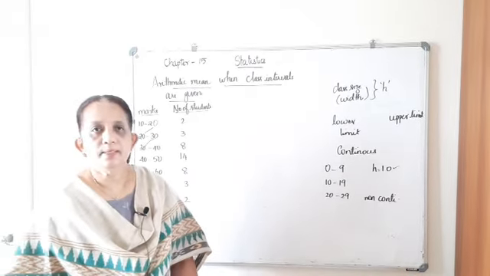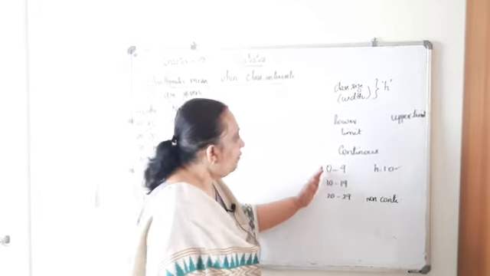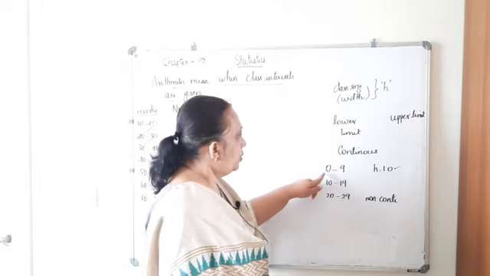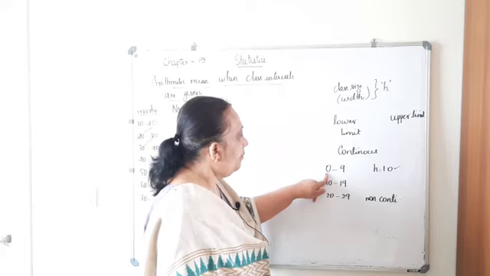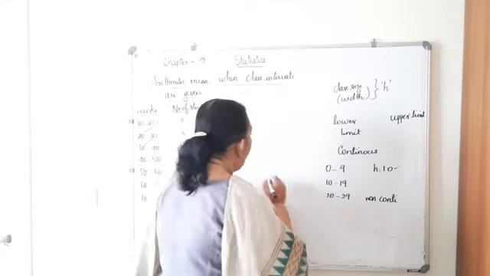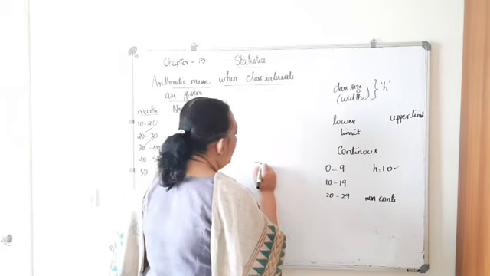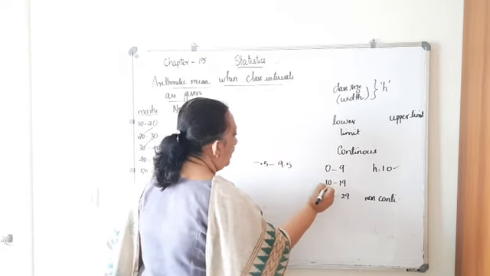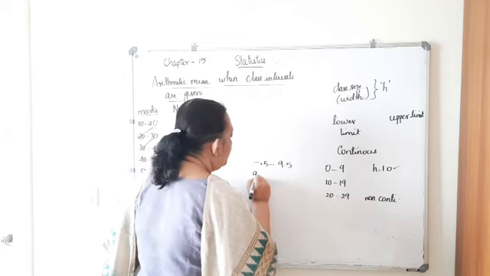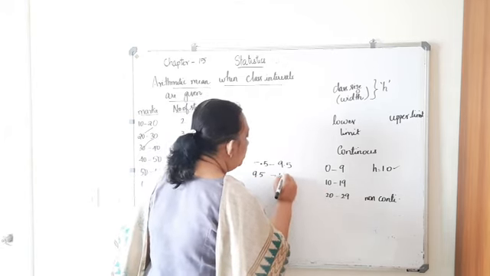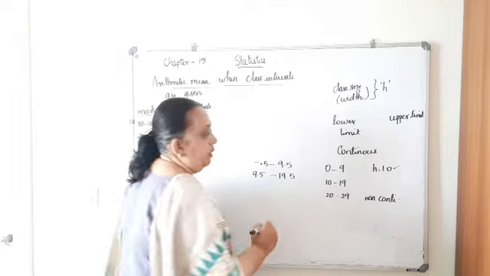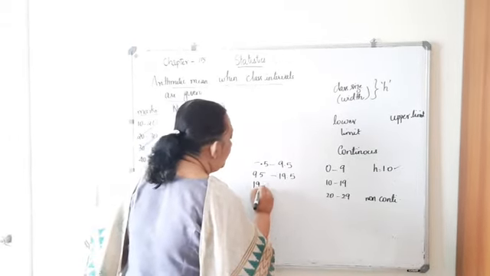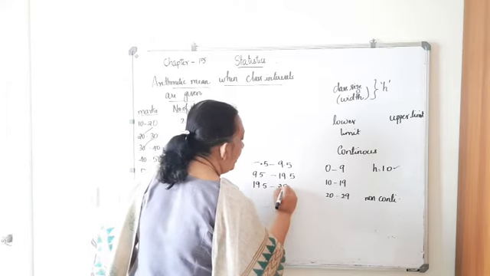So what you do is, you subtract 0.5 from the lower limit and you add 0.5 to the upper limit. So here when you subtract 0.5 from the lower limit, it will be minus 0.5 to 9.5. Next one, 10: if you subtract 0.5, it will be 9.5 to 19.5. From 20 you subtract 0.5, it will be 19.5 to 29.5.